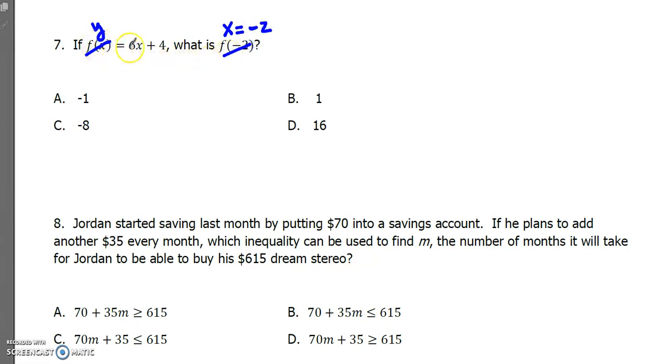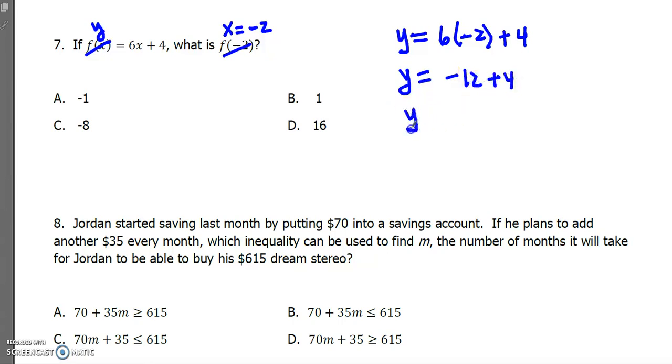So now that I have y equals 6x plus 4, and I know x is -2, all I have to do is replace my x with -2 and simplify. So what is 6 times -2? That will give us -12 plus 4, and then -12 plus 4 is going to give us a -8. So my answer should be C, -8.